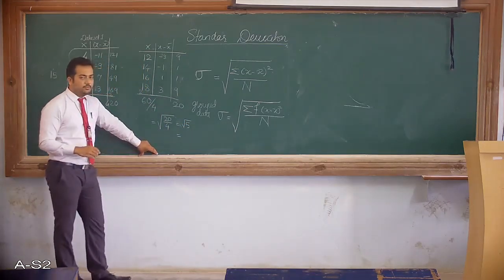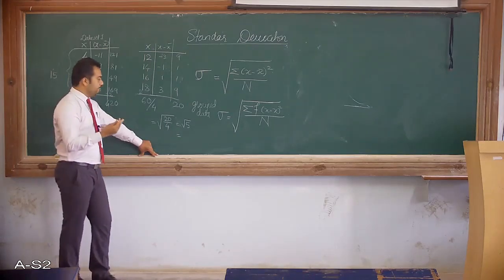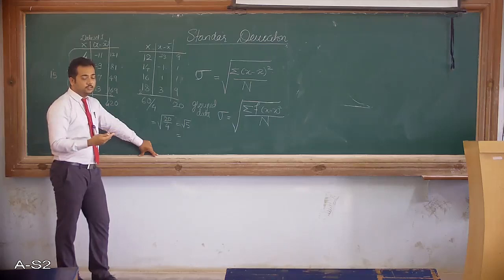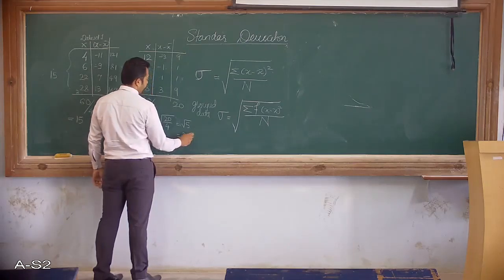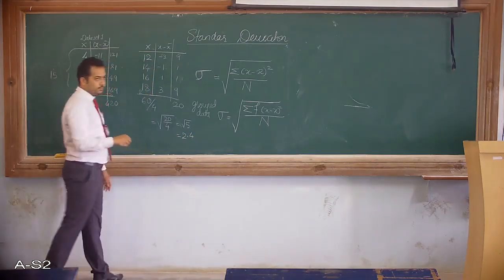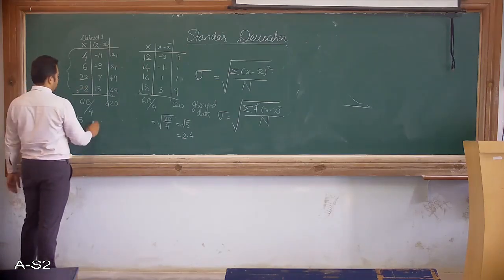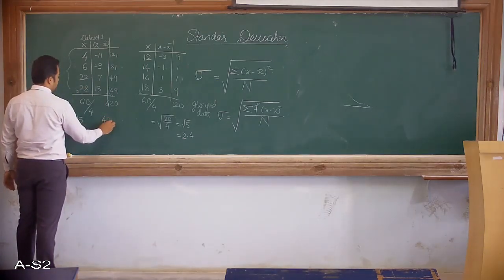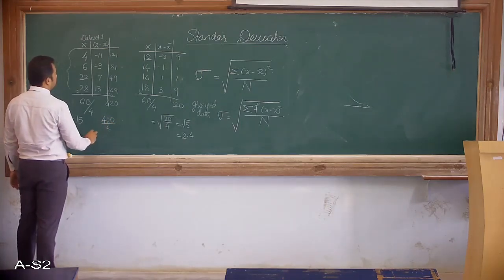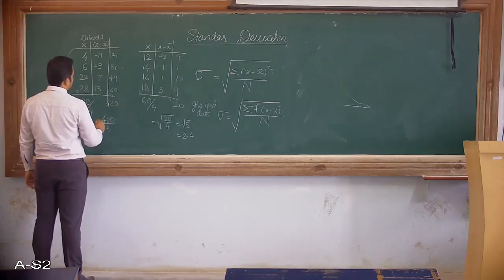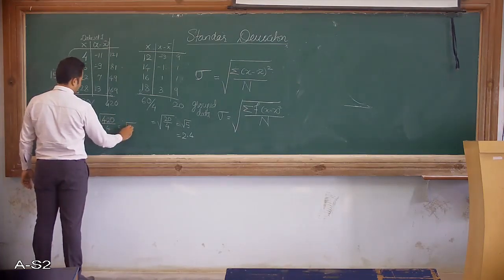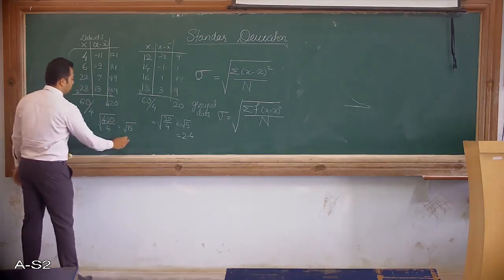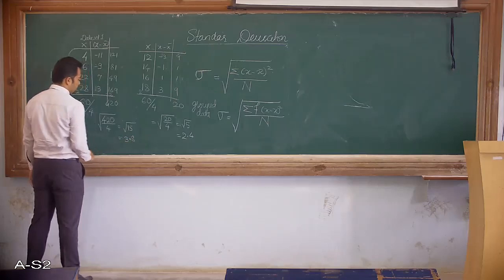The square root of 4 is 2 and of 9 is 3, so it would be in between 2 and 3, maybe 2.4. That would be the square root of 5, and in this case it is the square root of 15, so that would be 3.8 or something.